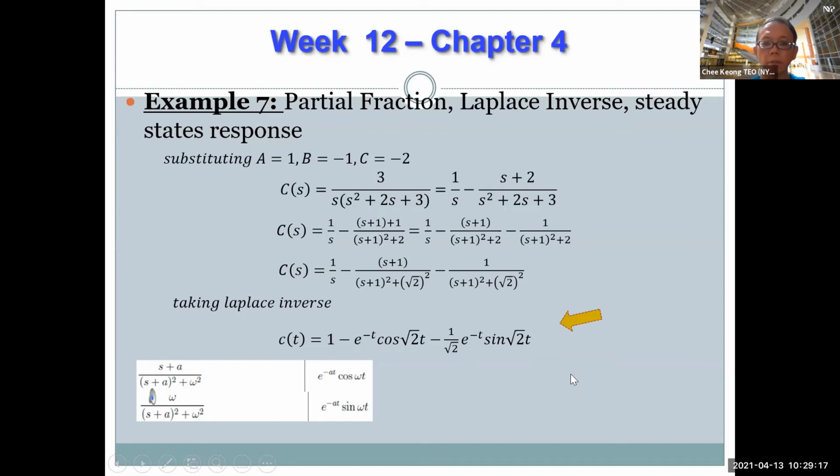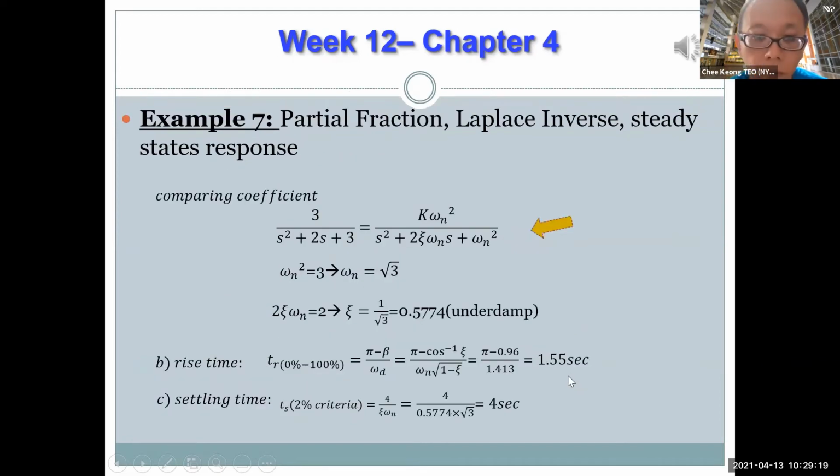Okay? To find the transient parameters like rise time and settling time, we must first be able to find omega n and zeta. This is easily obtained by comparing 3 over s squared plus 2s plus 3 with the second-order generic transfer function.